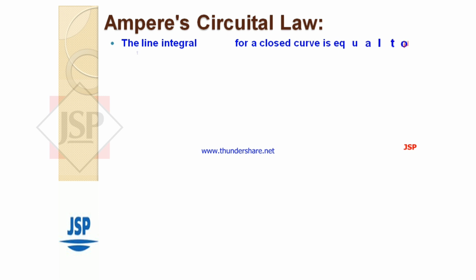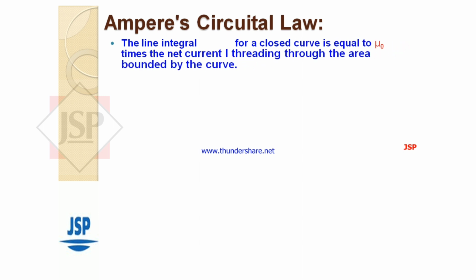Ampere's circuital law. The closed line integral of B vector dot dl vector for a closed curve is equal to μ₀ times the net current I threading through the area bounded by the curve.